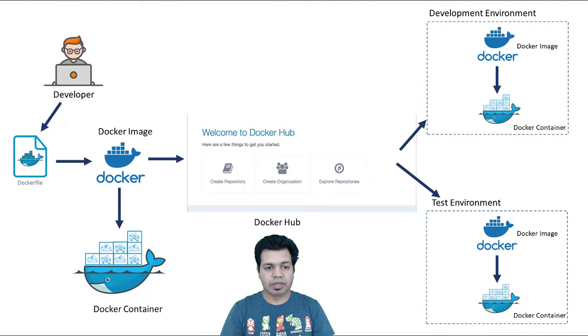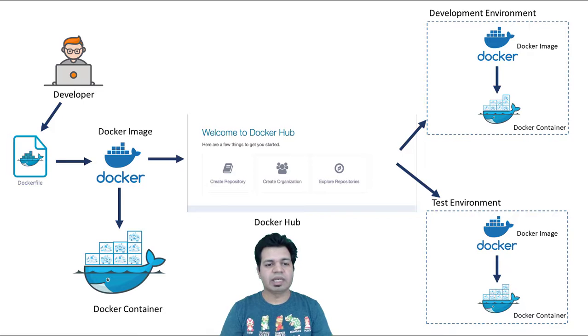Now the next point is you can pull these Docker images from Docker Hub in any environment or platform. That means you can create these Docker containers in your development or testing environment. Basically, when pulling from Docker repositories, you can pull it in any environment: staging, development, or testing.